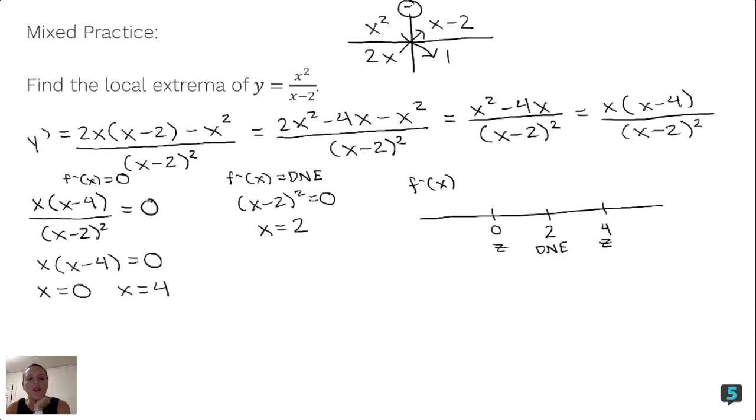Once you think you've got the signs for those intervals, go ahead and put in the comments what signs you came up with from left to right.